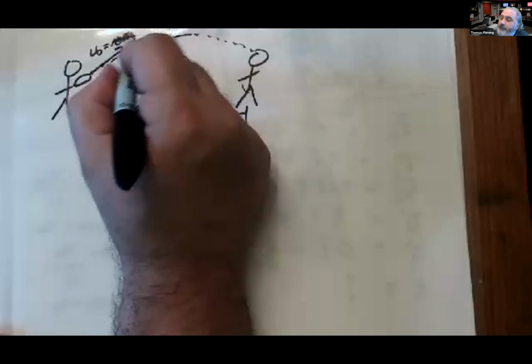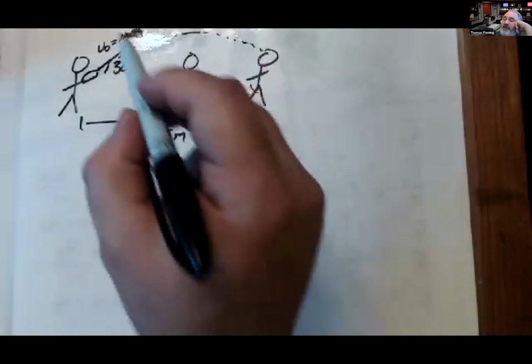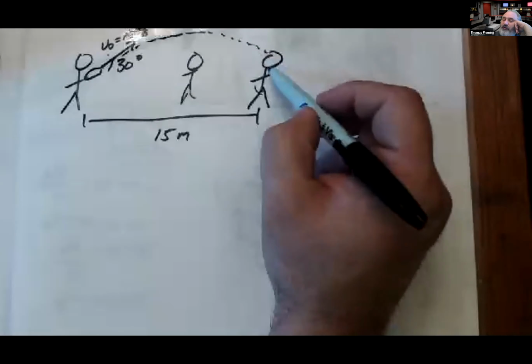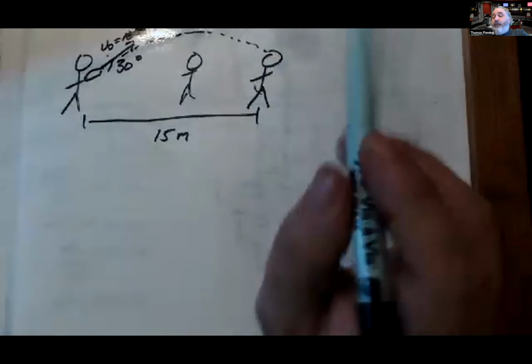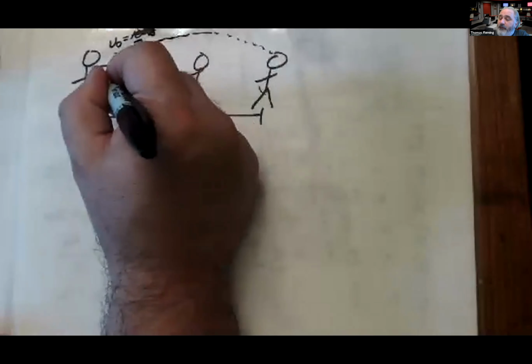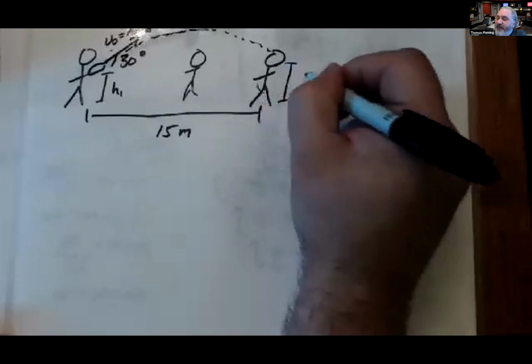Actually, let's specify the angle. Let's solve for the velocity. How hard does Dak have to throw this ball to get this ball to his receiver, who is 15 meters away? And let's assume, for simplicity's sake, that he's going to throw it from some starting height, but the guy is going to catch it at that exact same height.